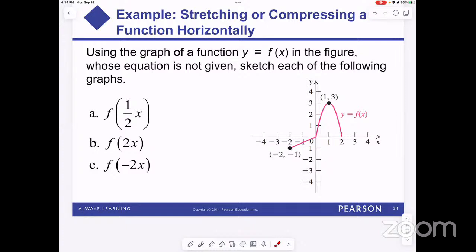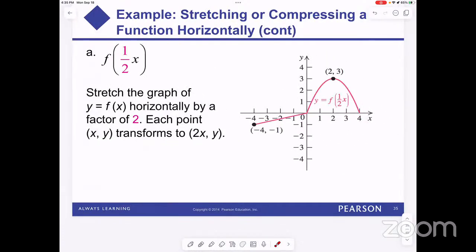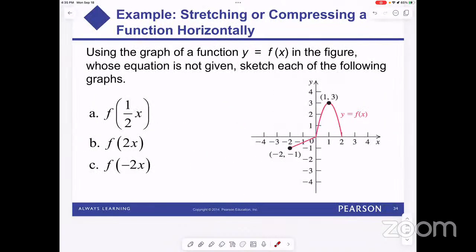So for A, if we multiply the inside by a number between 0 and 1, that should cause a horizontal stretch by a factor of 2. So it should get wider horizontally where the y values stay the same, but the x values are doubled. So stretch horizontally by a factor of 2. Okay. And then for B, if we multiply the inside by a number larger than 1, we're multiplying the inside by 2.